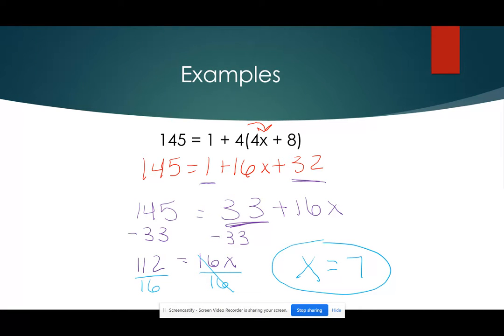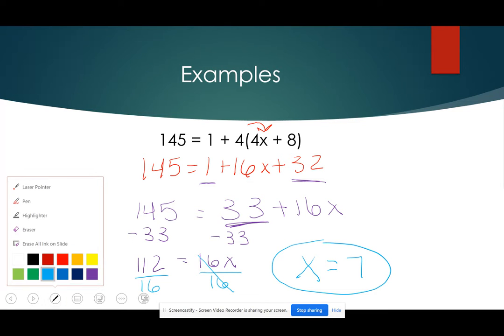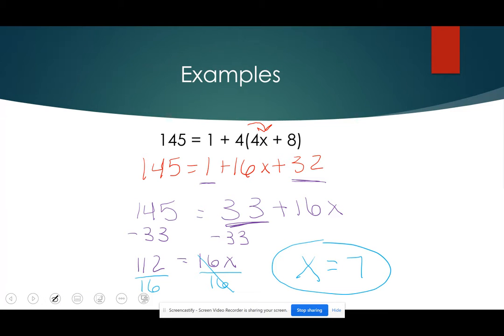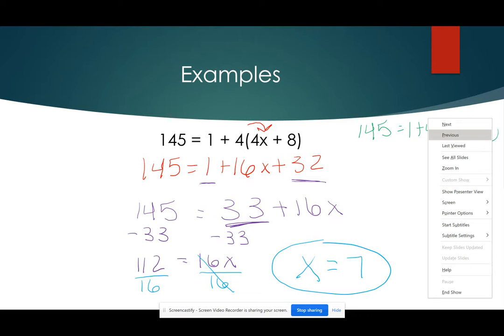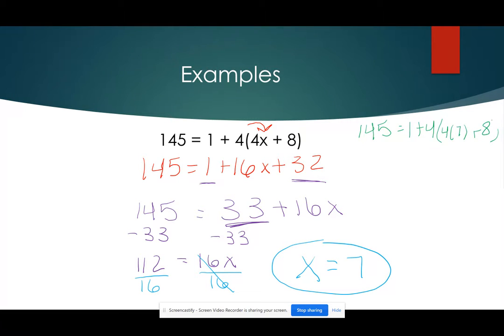That's our final answer. So you could always check your work by plugging it back in. So you get 145 equals 1 plus 4 times 7 plus 8. And you would follow your order of operations. So 145 equals, we're really just simplifying the right side.